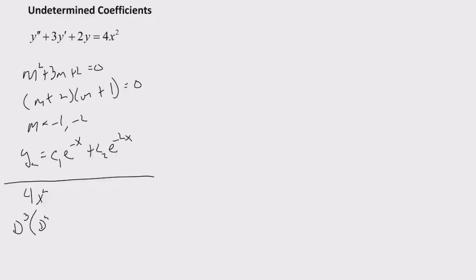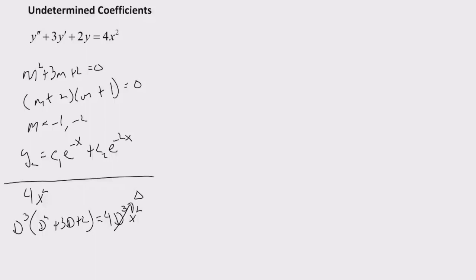So D squared plus 3D plus 2 applied to y equals 4 D cubed of x squared. And essentially that's going to make this side go to 0, the whole point of that.